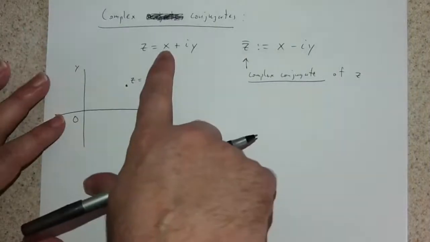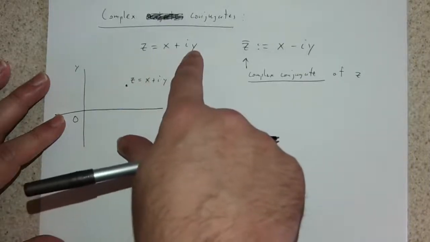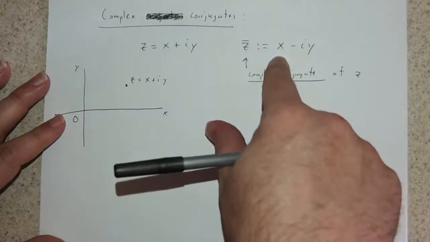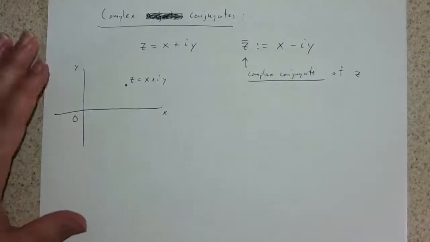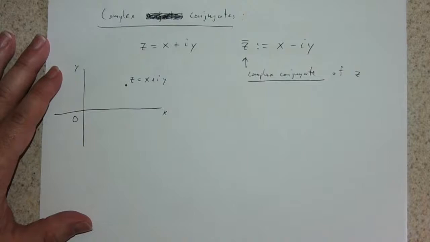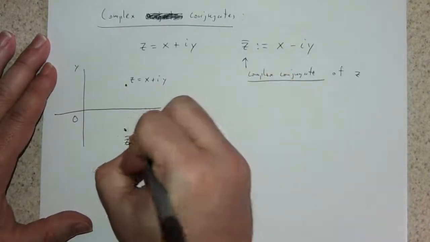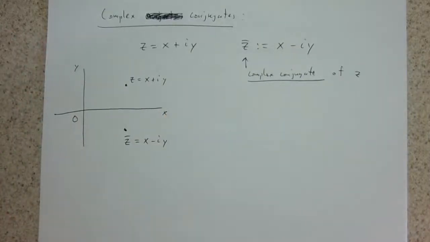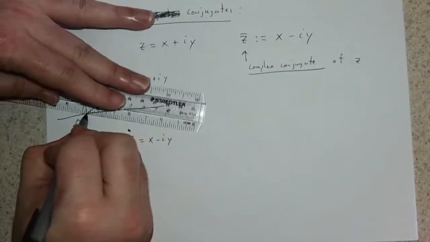So I took a complex number with real part x and imaginary part y, and I transformed it into a complex number with the same real part, but I replaced the imaginary part with minus that thing. So this is a reflection across the x-axis, and so z bar is here. Here's z bar, and that's x minus iy. And maybe even draw the picture to indicate that it's a reflection that's happening here.